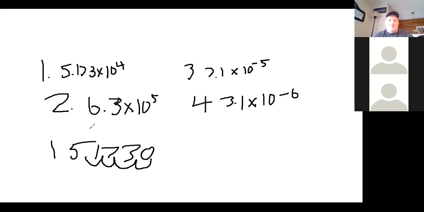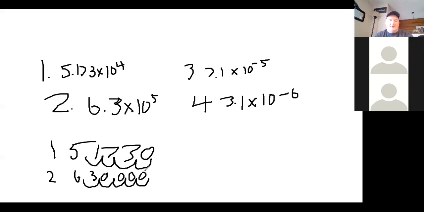So for number 2, we have 6.3. We have to go over 5 spots. We're going to go 1, 2, 3, 4, 5. Now these have 4 spots that are empty, so we go 1, 2, 3, 4.